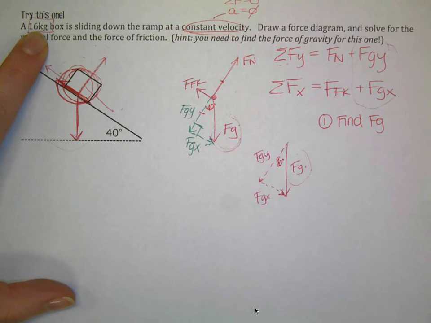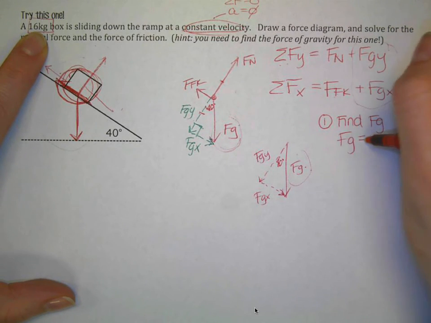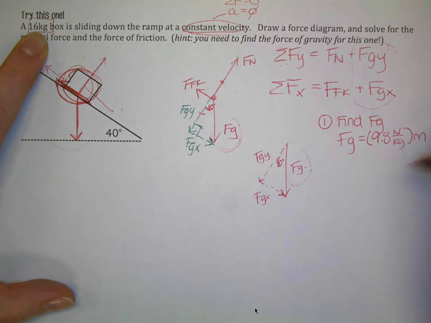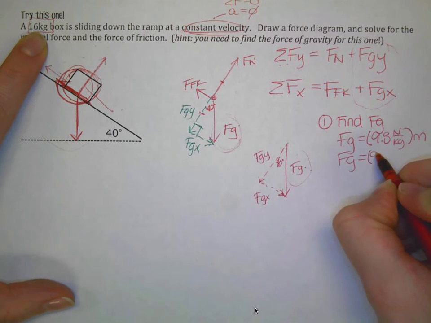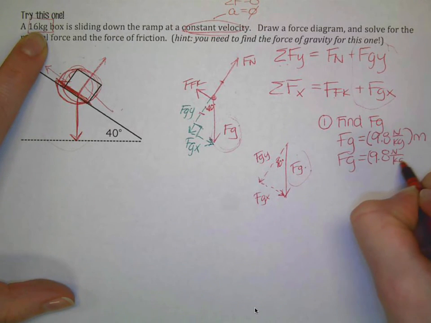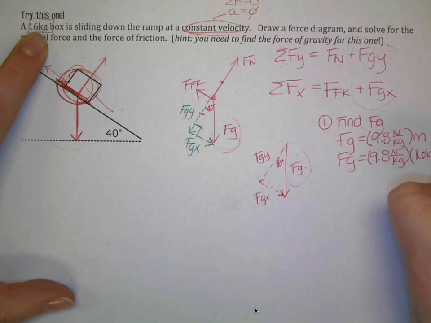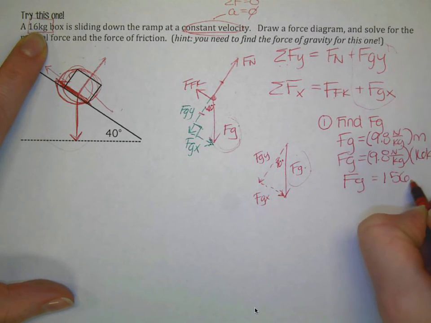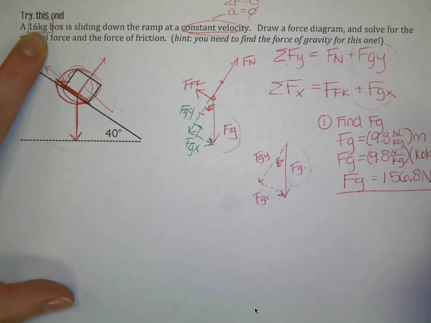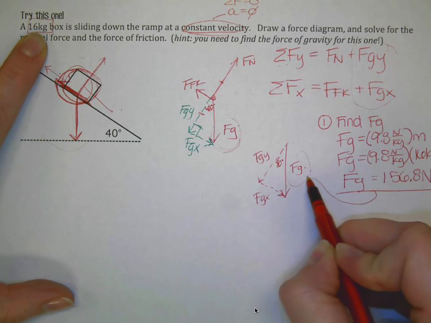And how do we find Fg? That's the one we have an equation for. 9.8 newtons per kilogram times mass. So 9.8 newtons per kilogram times 16 kilograms. And our force of gravity is 156.8 newtons. Now I can use that as my hypotenuse.